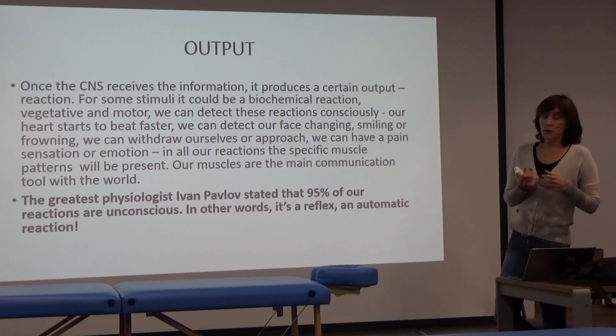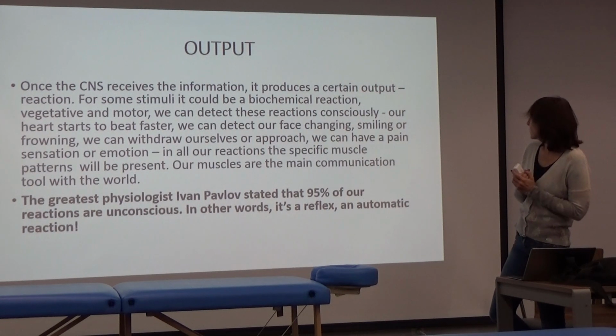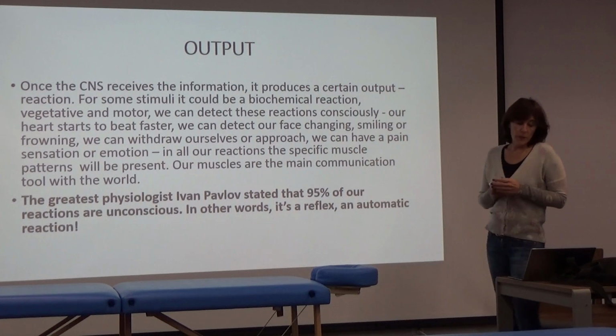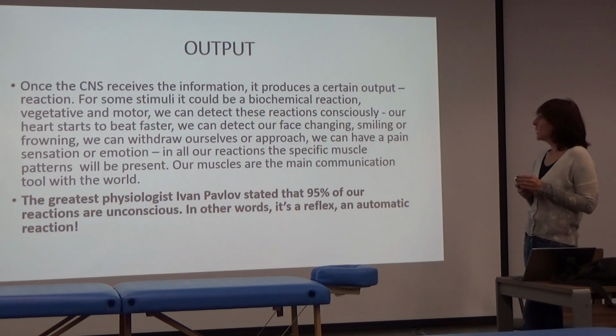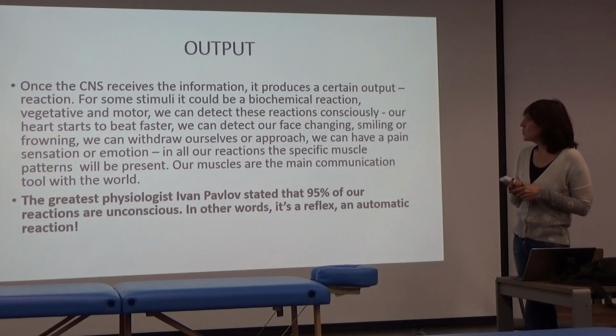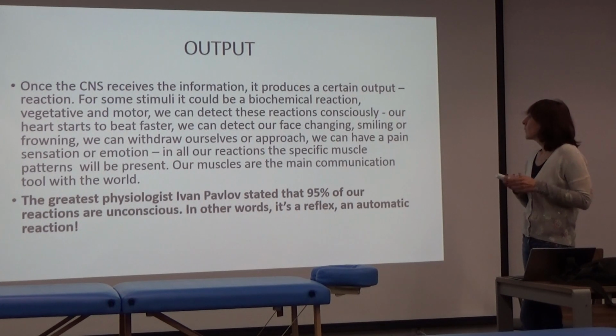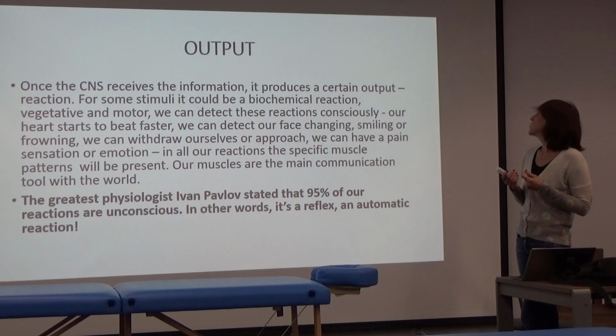After the input and interpretation, we have output. And output happens on different levels of regulation. It could be a biochemical reaction, a vegetative reaction, or a motor reaction. And we can detect this reaction consciously.